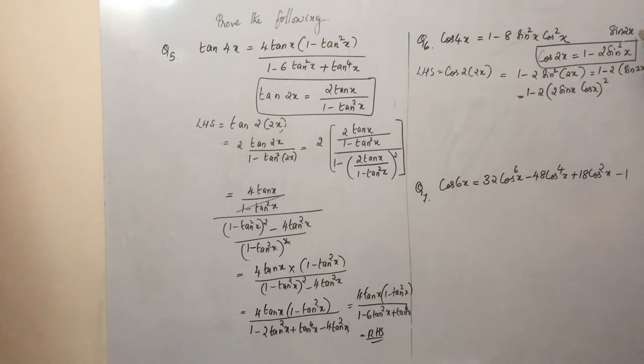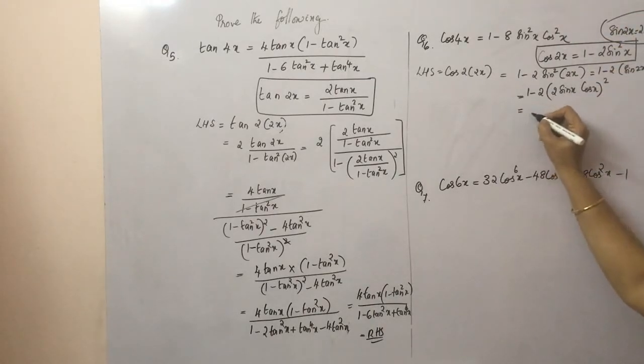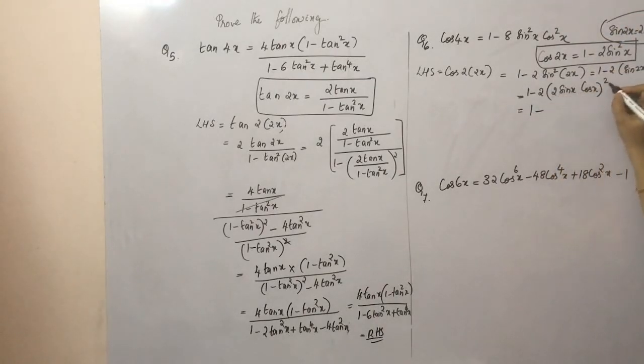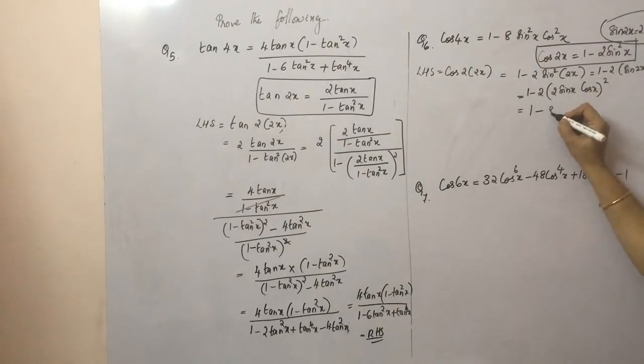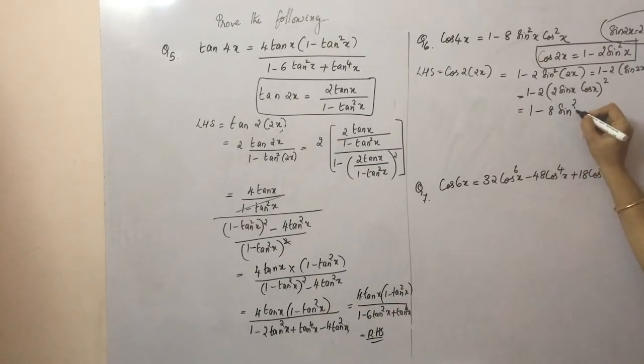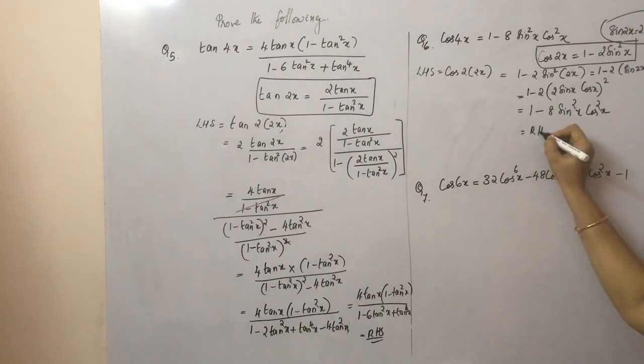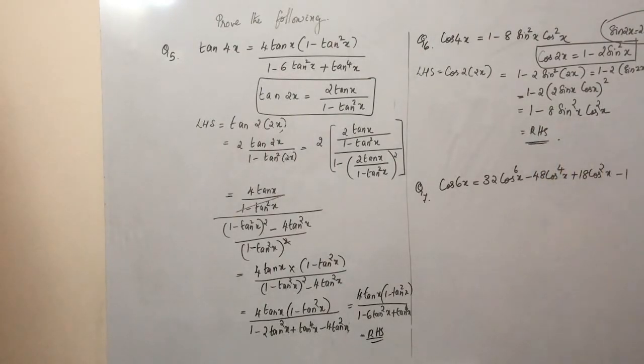Sin 2x is equal to what? 2 sin x cos x. Okay, so this is also required. So that means 1 minus 2 square is 4, 4 into 2 is 8, sin square x cos squared x. Isn't this my RHS? Yes. So LHS equals RHS, and that gives me the proof.